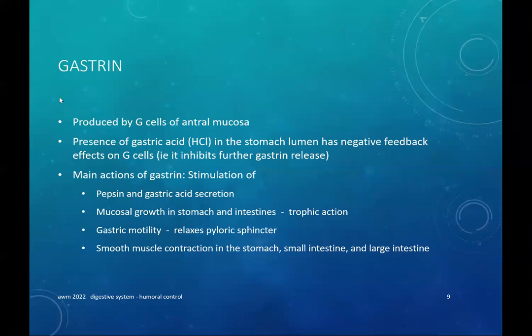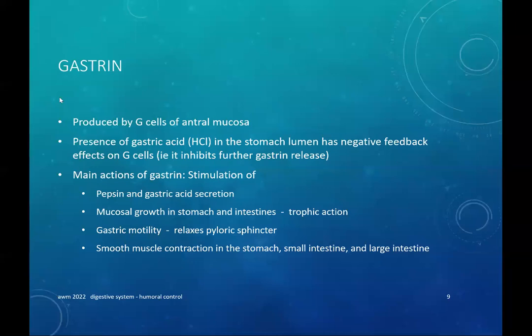The presence of hydrochloric acid in the stomach lumen will have a negative feedback on the G cells. This means that when the levels of hydrochloric acid rise in the stomach lumen, that is going to inhibit the G cells and prevent them from secreting gastrin.